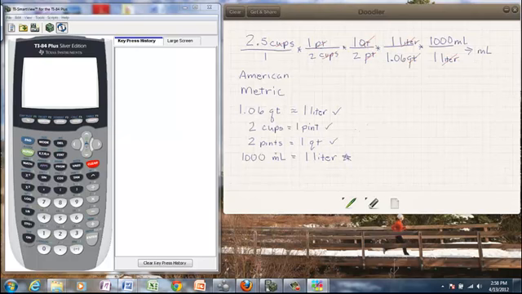So I'm going to write out the math over here. I have 2.5 times 1 times 1 times 1 times 1,000 over 1 times 2 times 2 times 1.06.